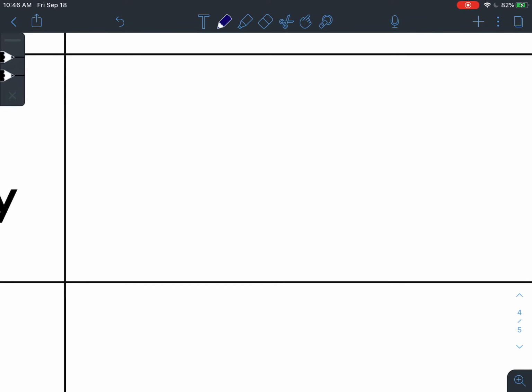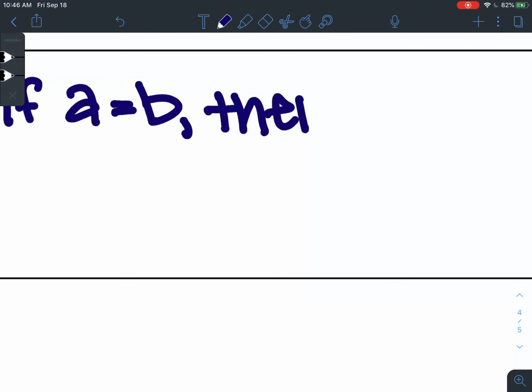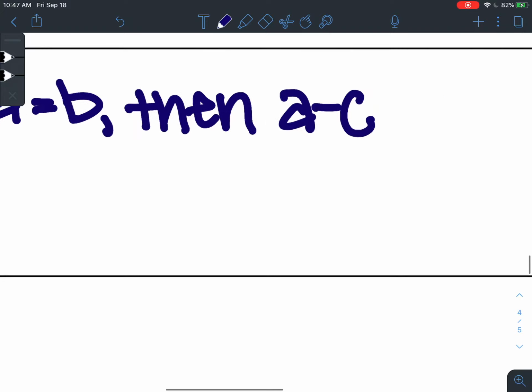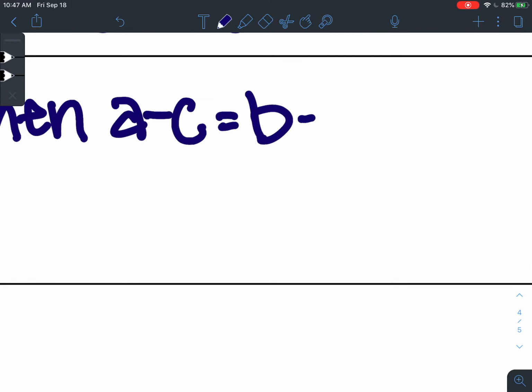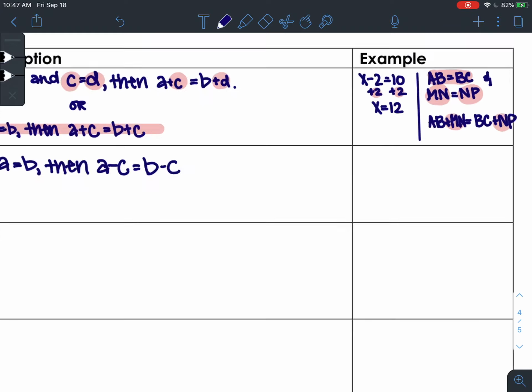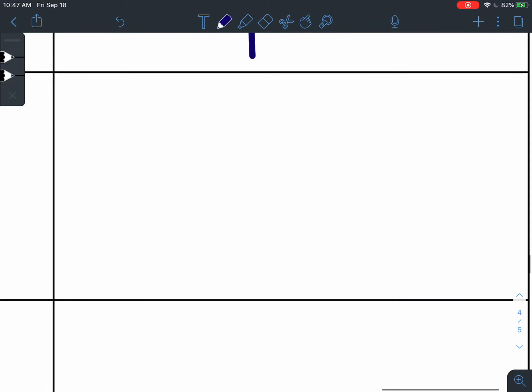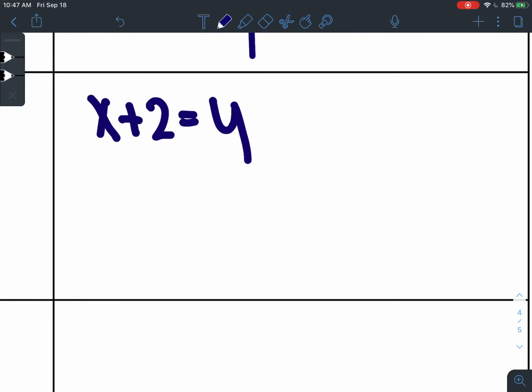So I'm going to do if A equals B, then A minus C is equal to B minus C. Okay, the example of that, and we're not going to do an example for all of them, okay, but let's say I have something like this, okay, let's say I have x plus 2 is equal to y plus 2.